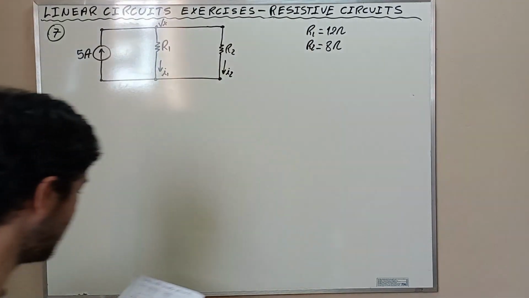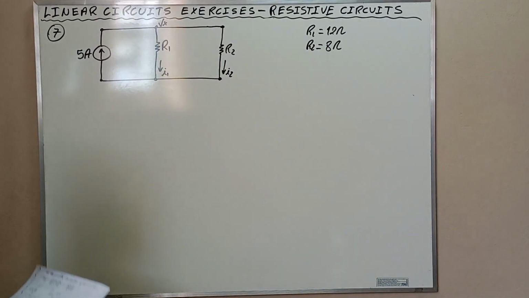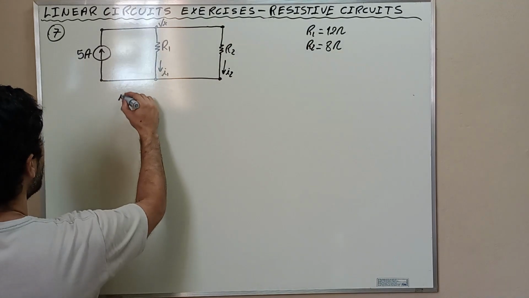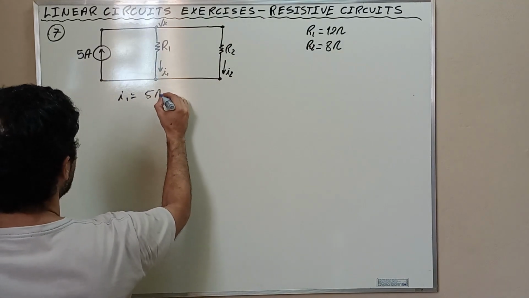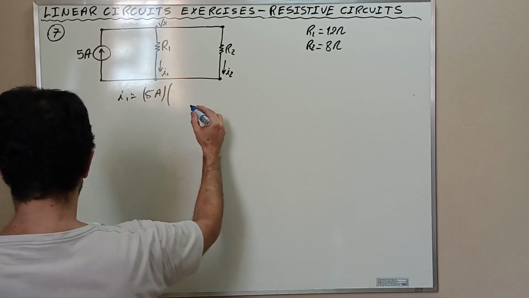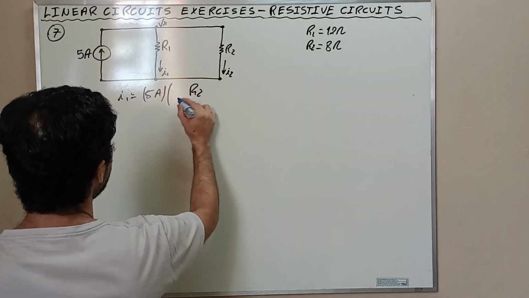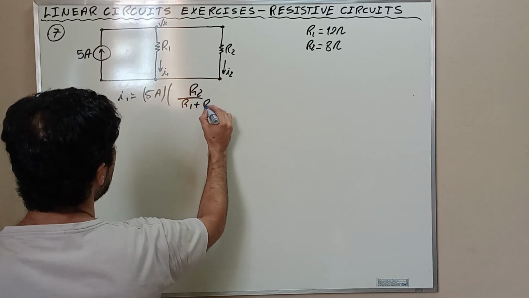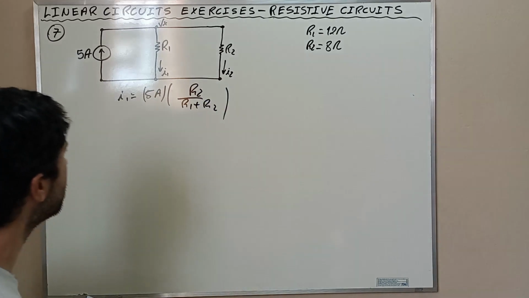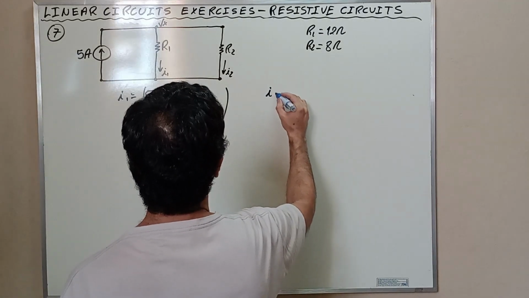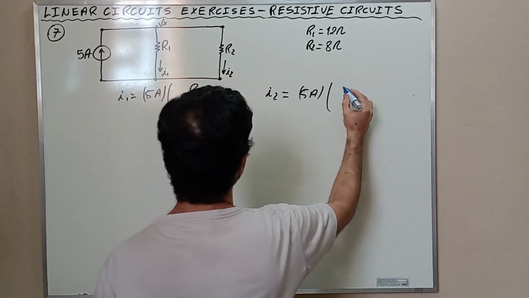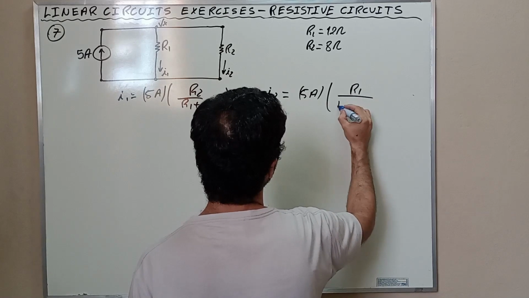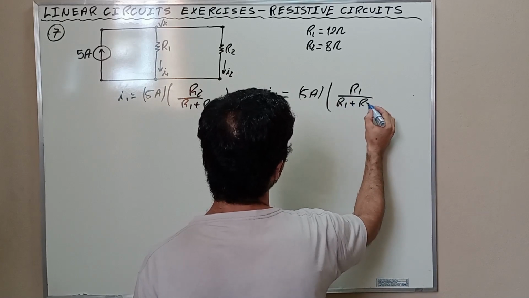Using the expression that I just demonstrated to you, we can find that I1 is equal to 5 amps times R2 divided by R1 plus R2. And likewise, I2 is going to be equal to 5 amps times R1 divided by R1 plus R2.